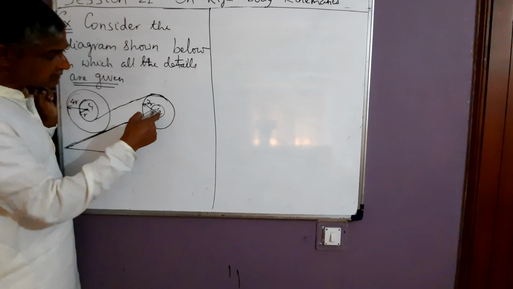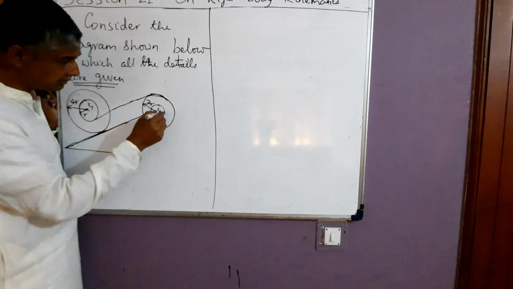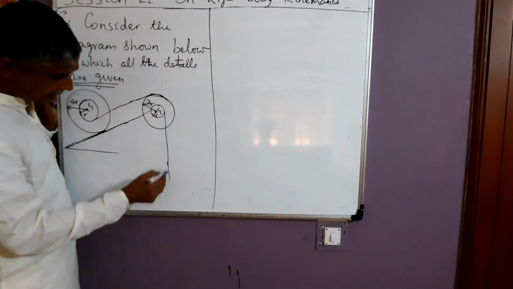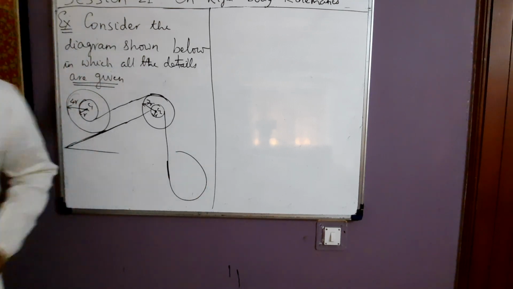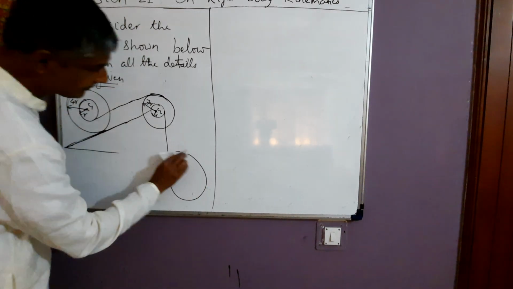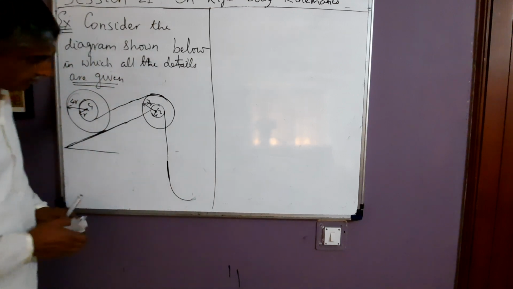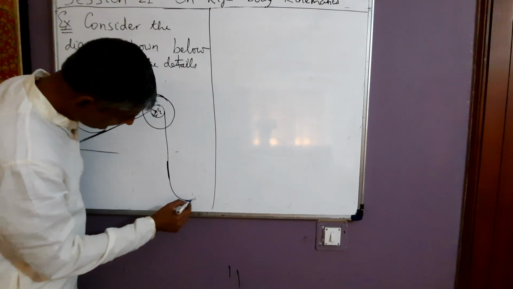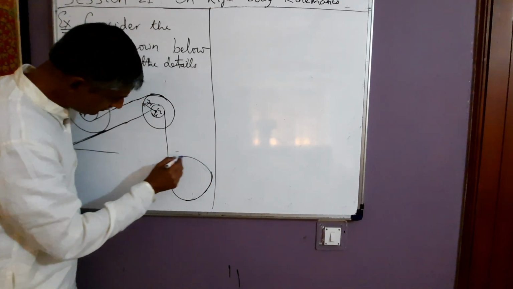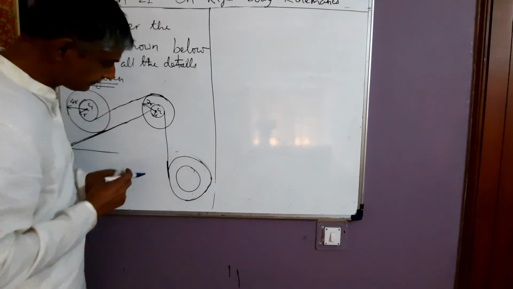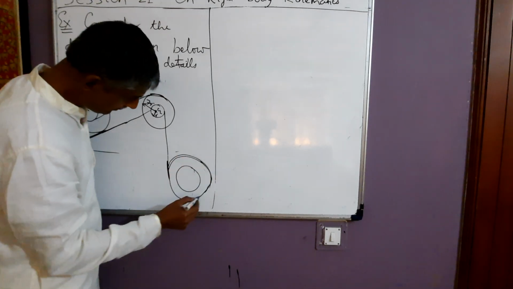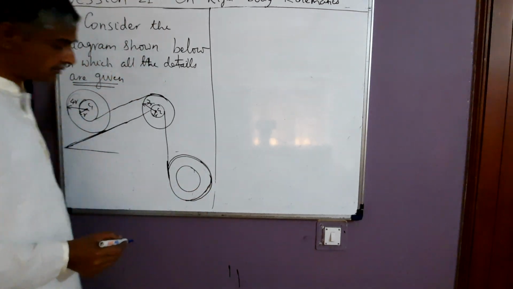Now another inextensible string is folded on the inner cylinder like this, and this string passes over another cylinder like this.